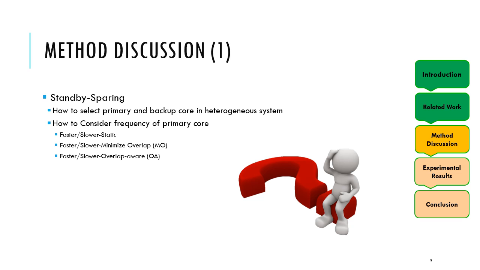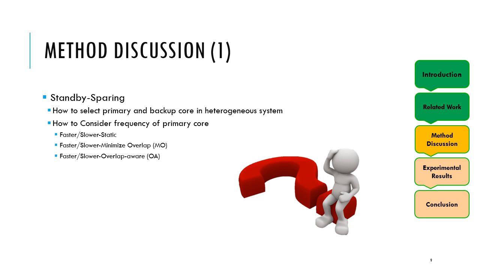First, which type of cores should be selected as primary core, low power core or high performance core? Second, how to consider the frequency of primary core to reduce energy consumption. 6 possible approaches are here, and you can see faster static, slower static, faster minimize overlap, slower minimize overlap, faster overlap aware, and slower overlap aware.